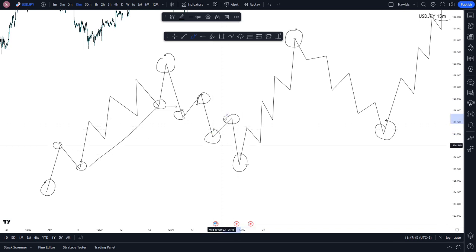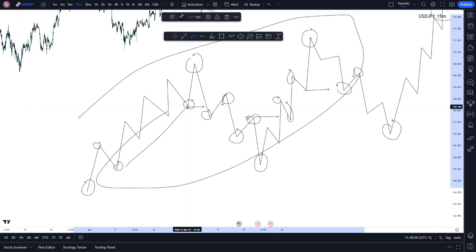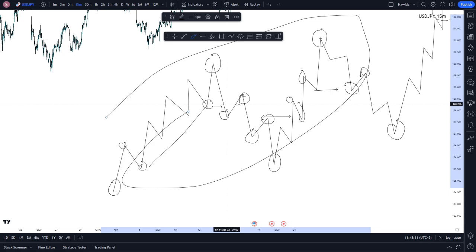Then we have another change of character here, where the market creates a higher high and a higher low. Then another change of character, where the market creates a lower low and a lower high. So we have continuous switches in moves, but in an overall context, this is a bullish market. This is what we call institutional order flow.